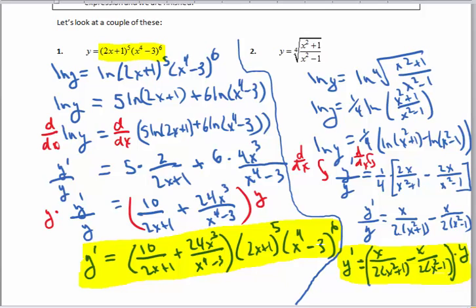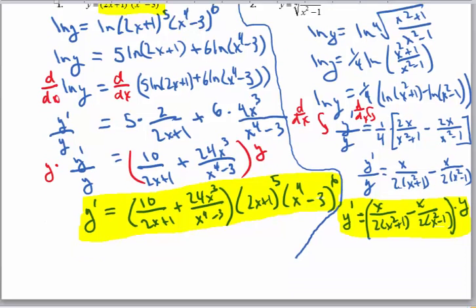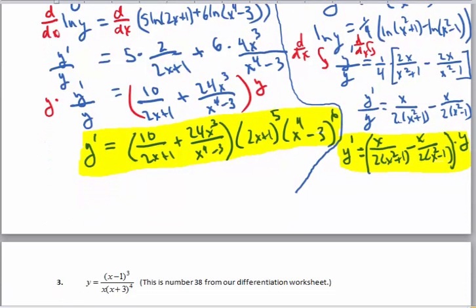And here's the result. You can see the steps that I took. I took the derivative with respect to x of both sides, and then I multiply both sides by y, and I end up with the highlighted yellow box.